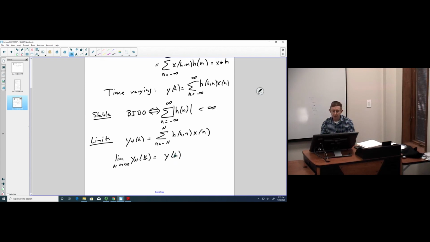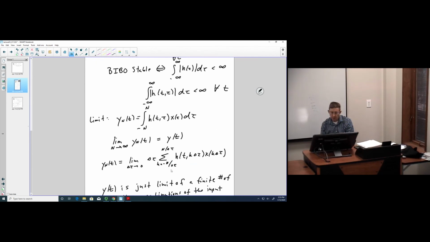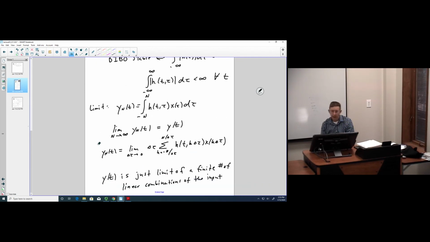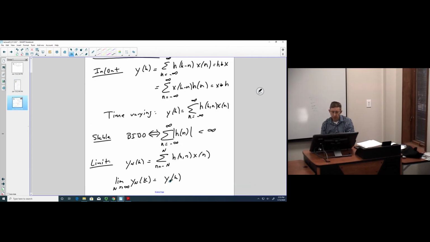So my output is just a limit of a finite number of linear combinations of the input again. Here are samples of my input, here are weights that weight them, I add it all up, that's called a linear combination. In the limit as n gets big, that's what my output is. So the exact same words that I wrote here, I can write here again as well. The output is just a limit of a finite number of linear combinations.